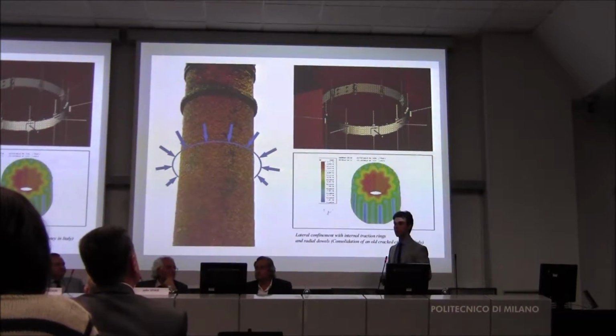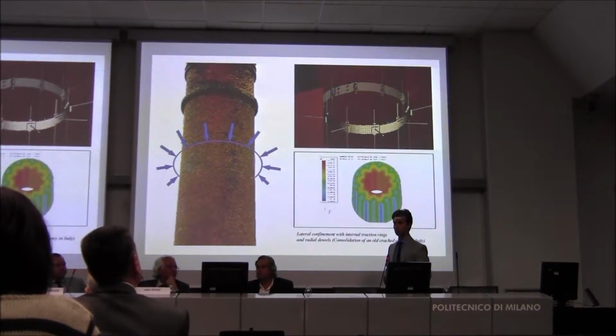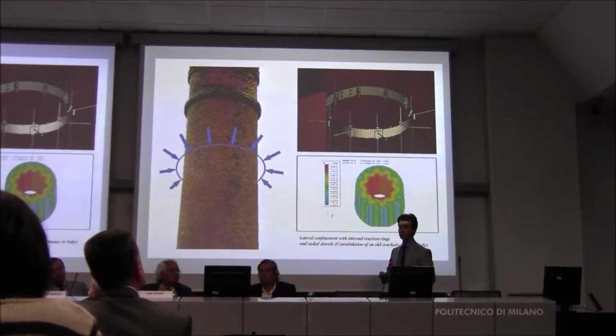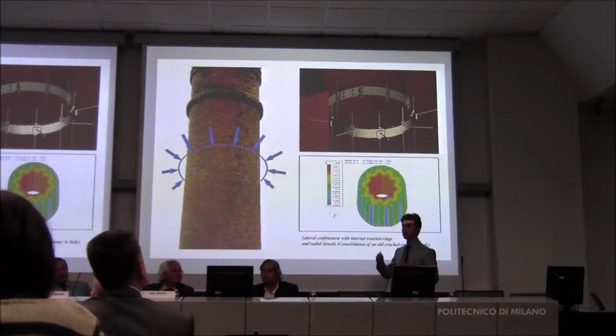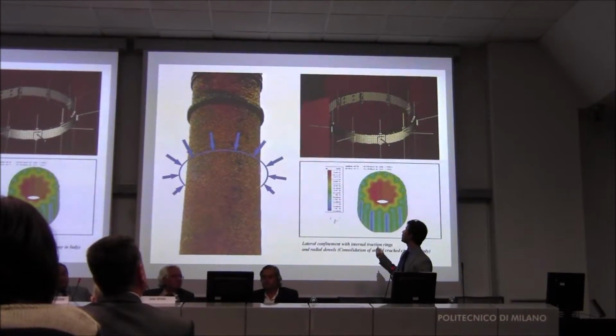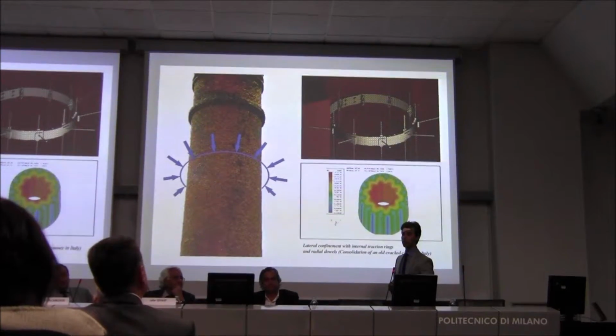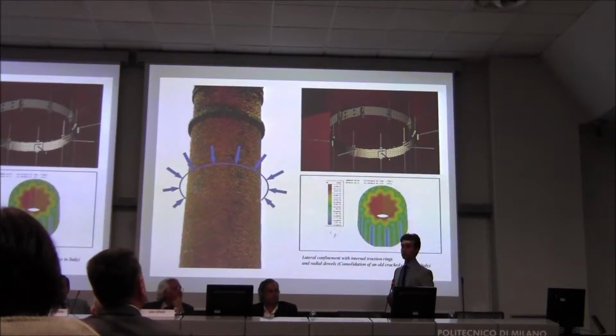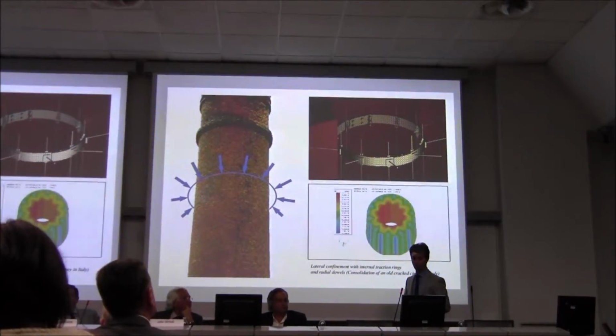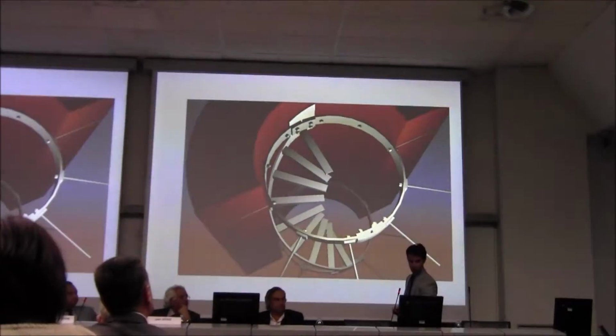Again, this is an active system of consolidation that is inside, so from the outside we cannot see anything, and this is a typical minimum intervention that is respectful of the existing.